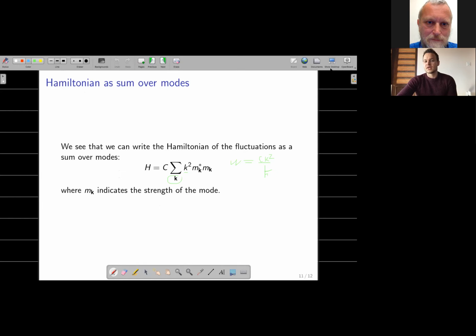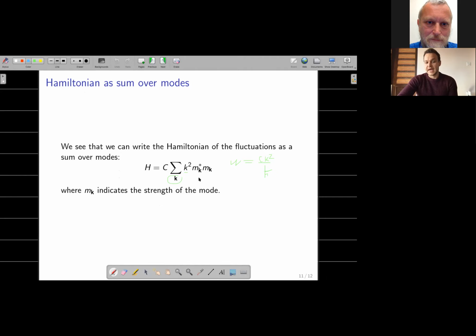So what does this Hamiltonian mean? We can write the Hamiltonian of the fluctuations as the sum over the modes, right? So this k is the sum over all possible modes.